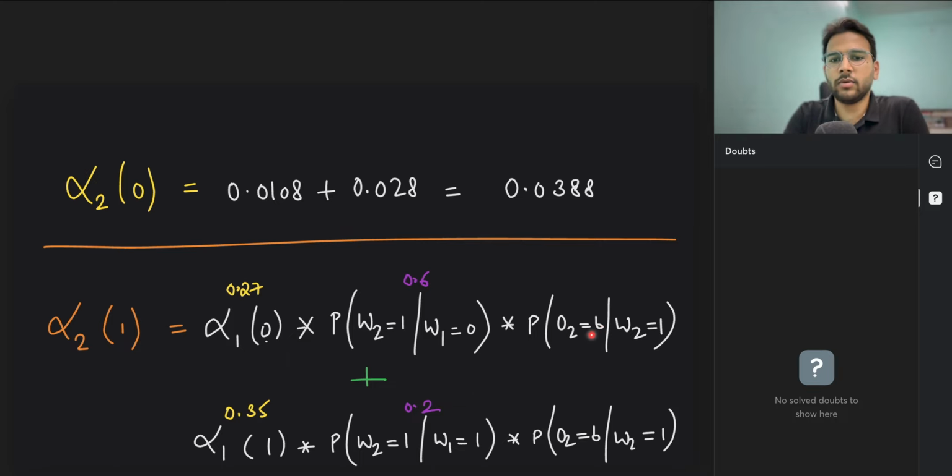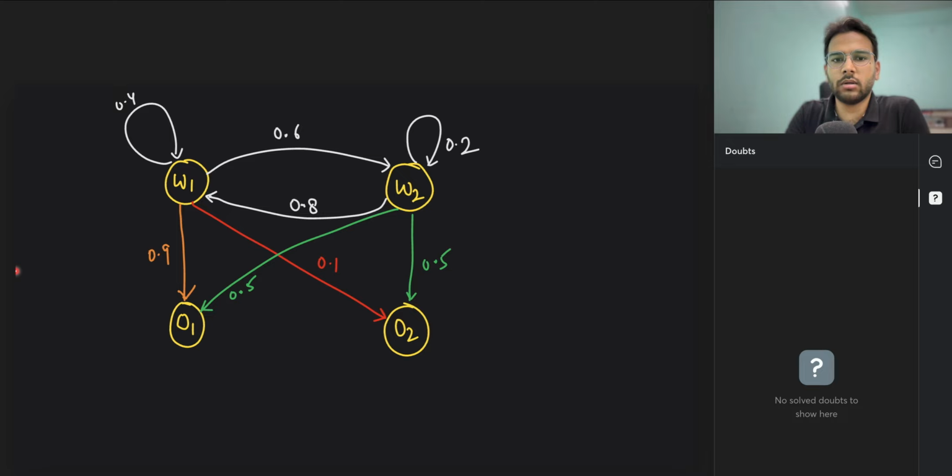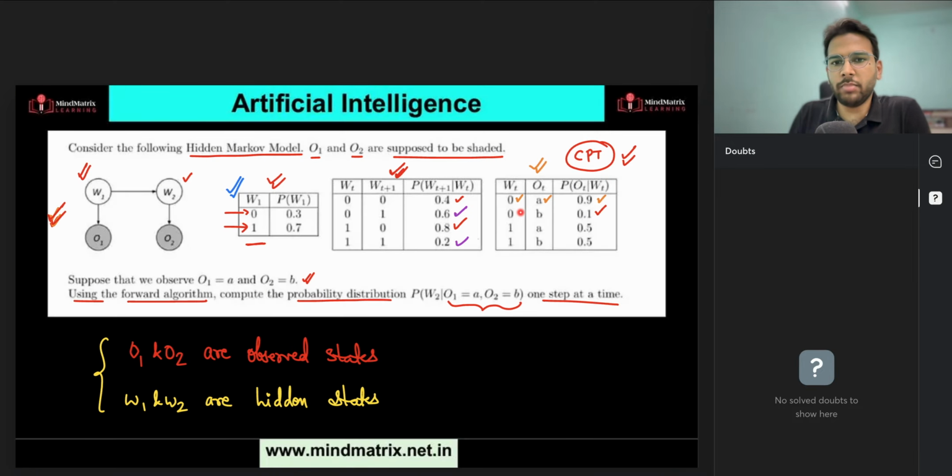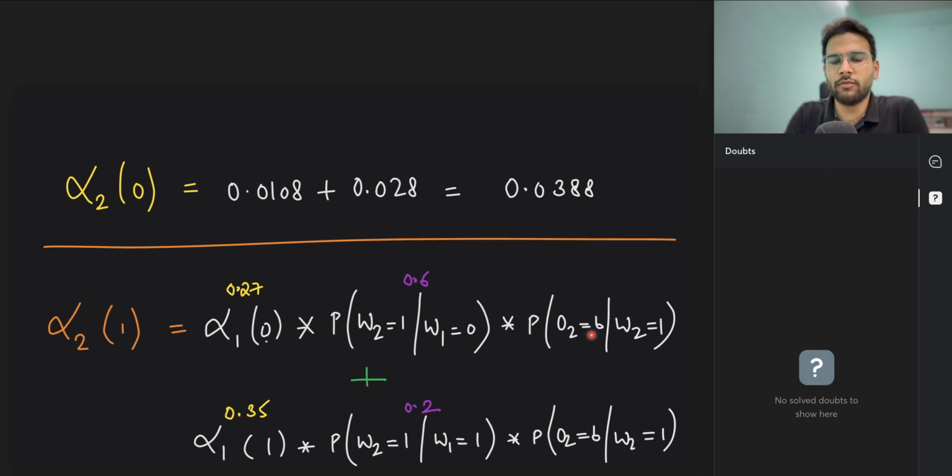And what about this value? Probability of O2 is equal to B given W2 is equal to 1 is 0.5, and here also it is the same, 0.5. Now let's solve this quickly and let me know.